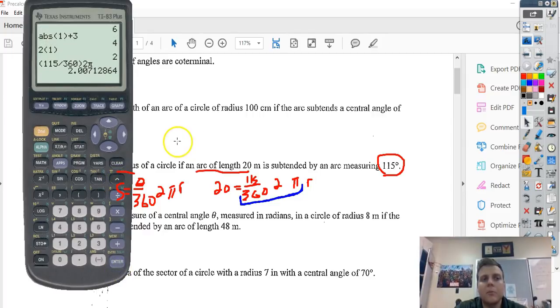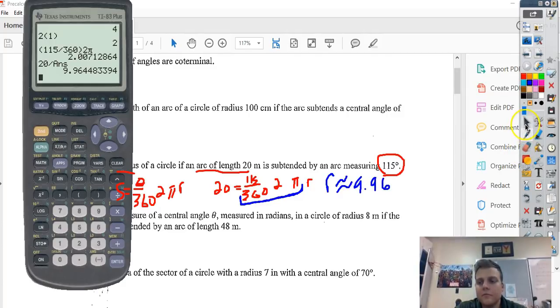Okay, and that's going to give me this number, 2.00712864. So that's all the number that's multiplying to r. If it's multiplying to r, the opposite of multiplication is, that's right, division. So I'm going to divide both sides by this number I just got, and I get 9.96. So I can say that the radius is approximately 9.96.